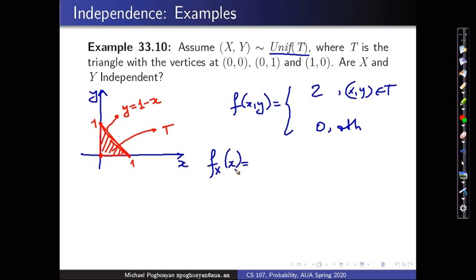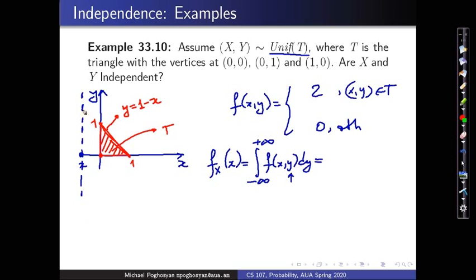The marginal PDF of x is the integral from minus infinity to plus infinity of the joint PDF dy. So I am integrating out the other variable from the joint PDF. Let's see what is happening here. I will have several cases. If my x is here, I am integrating over y, that is, I am moving over this line from minus infinity to plus infinity.